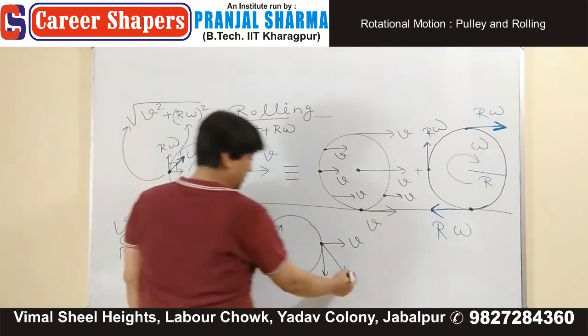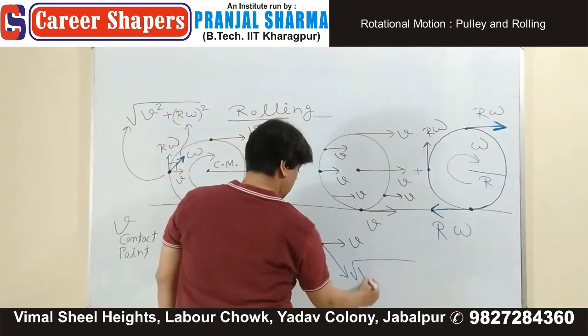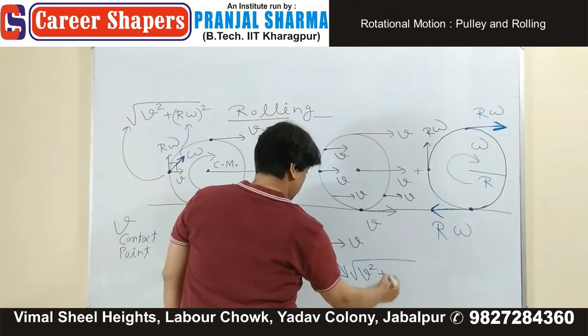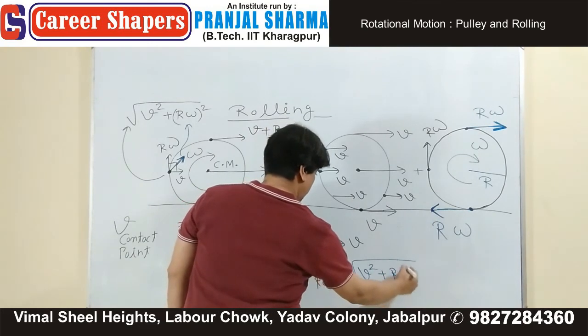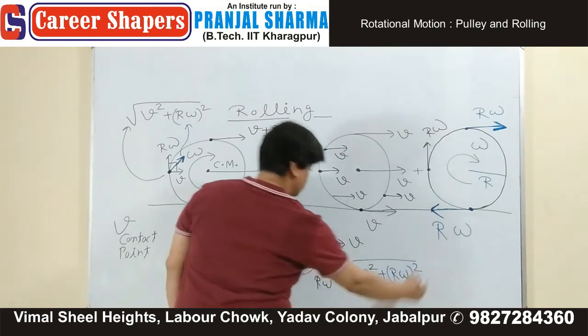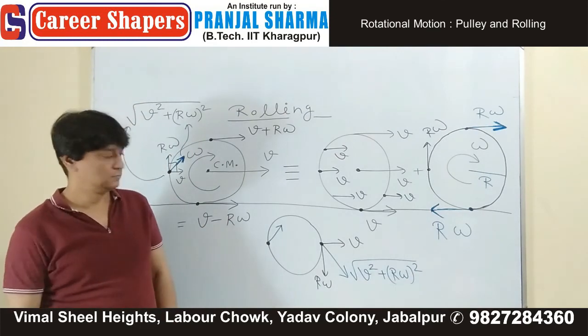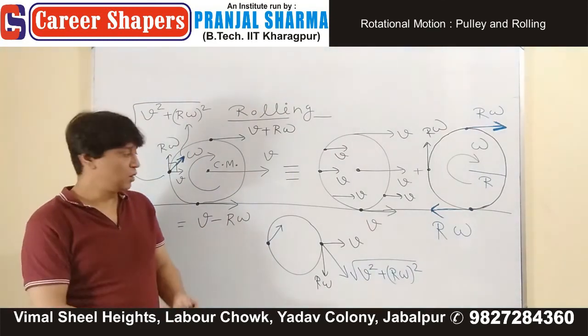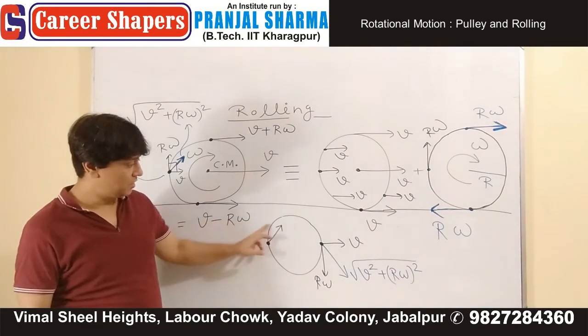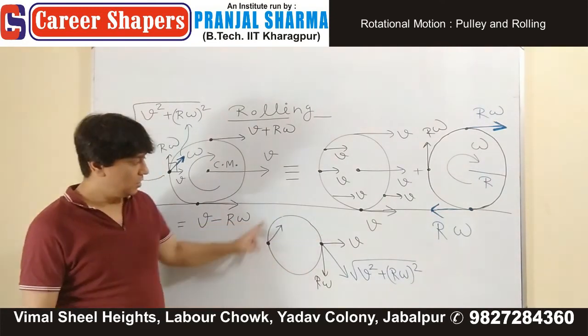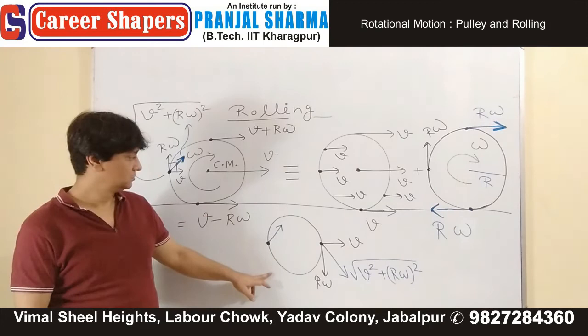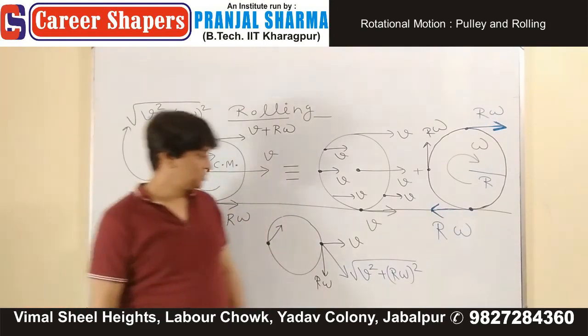What is this resultant? Root over V square plus R omega whole square. And similarly, you can find the velocity of any other point on the circumference. Note down this much.